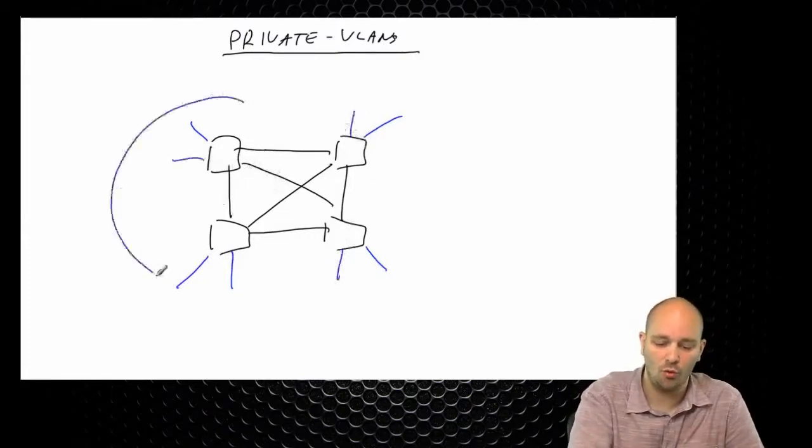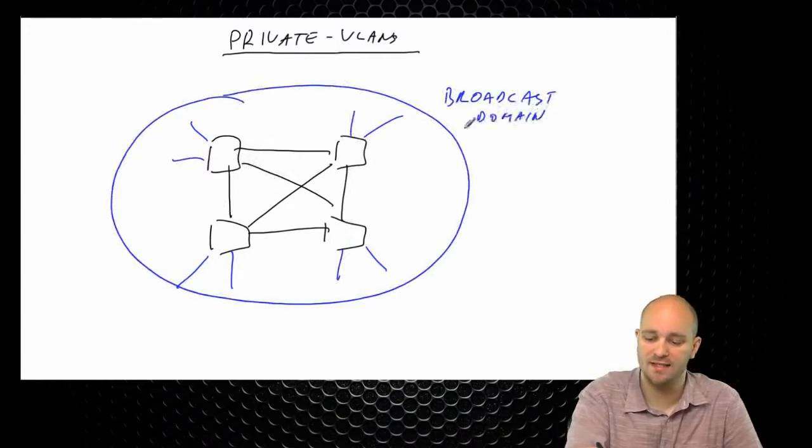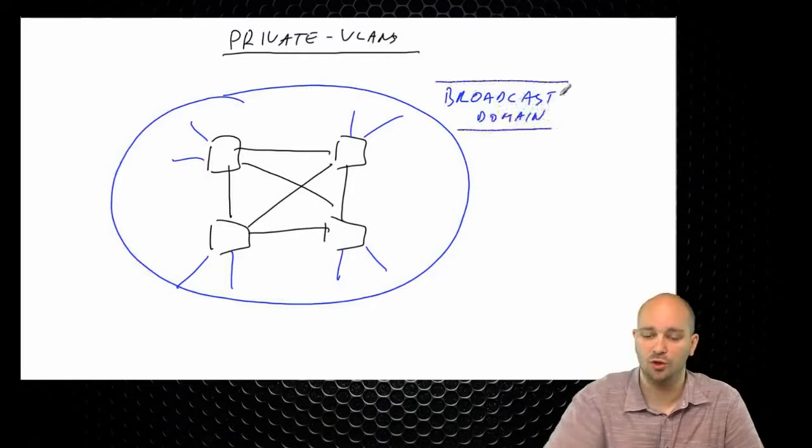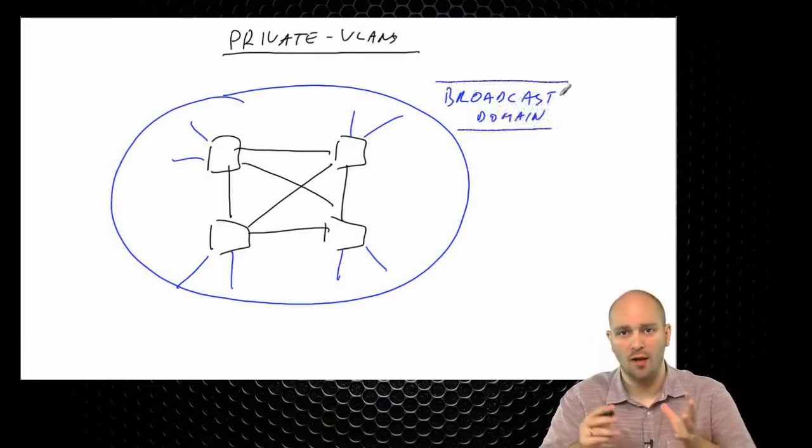So we can say that all these hosts here are in the same broadcast domain. Now, when we say broadcast domain, of course, we mean that they can see each other's broadcasts, but that also implies unrestricted communication between them on layer 2.